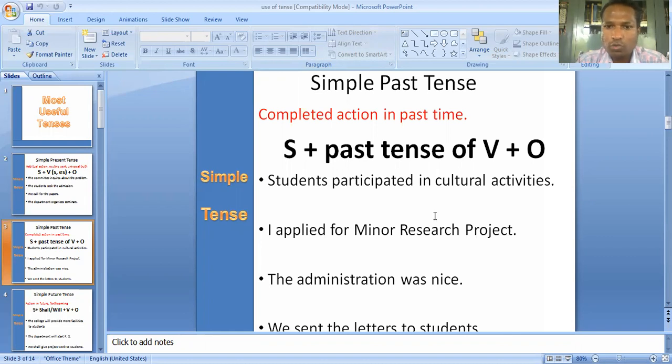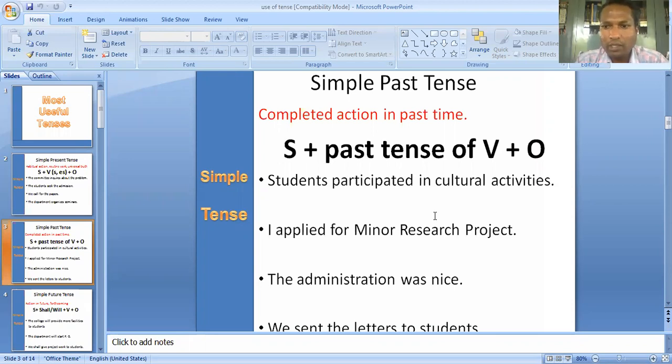Participated is V2 and to participate is V1, right? V1 is to participate, V2 is participated, and V3 is the same, participated. Okay, so subject, past tense of verb and object, that is the simple formula for this tense.